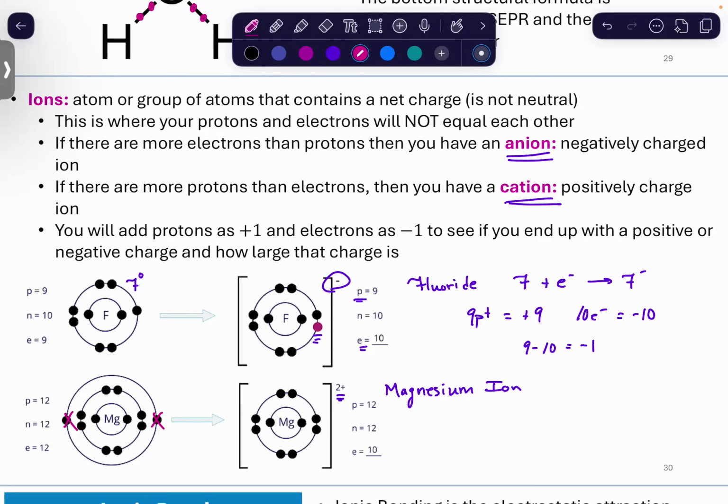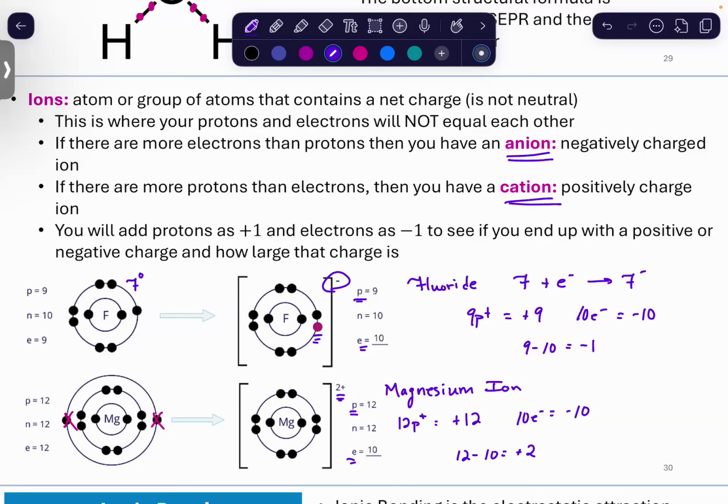And so what you see is, I have 12 protons, +1 12 times is a +12. And I have 10 electrons, which is a -10. So 12 minus 10 is a +2. So that's the charge on the magnesium ion.